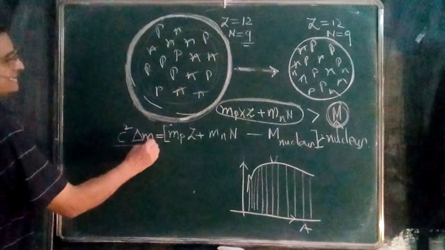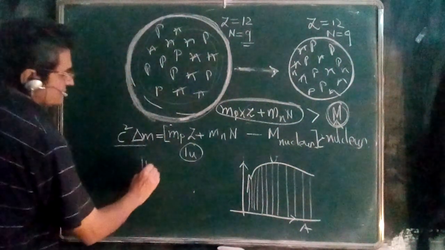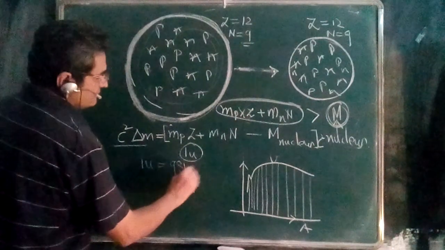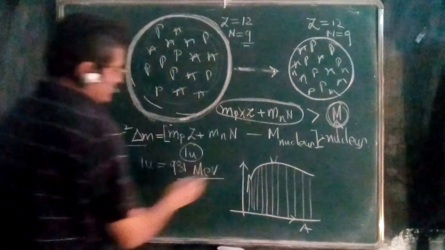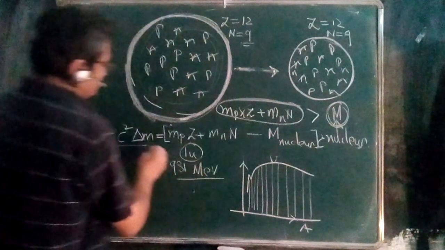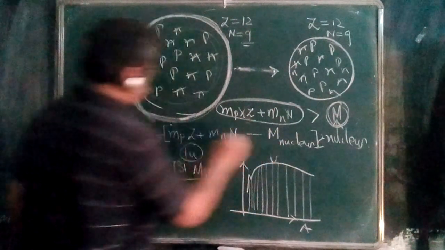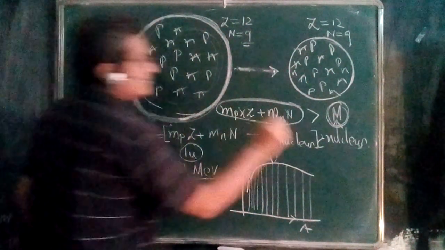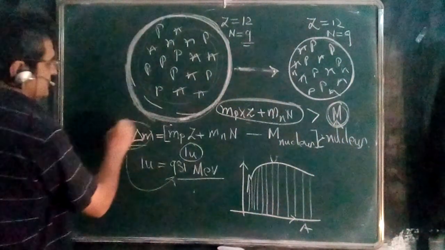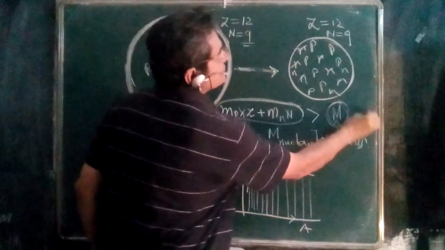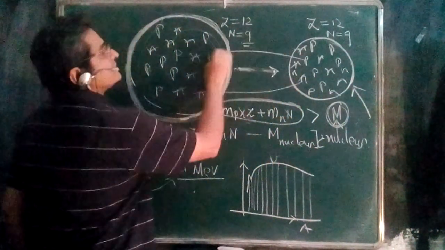If I write the masses in terms of atomic mass unit, one atomic mass unit is 931 MeV. I have shown this in a different lecture. So if masses are in atomic mass units, I will get the energy in MeV. This energy, because of the mass defect, is the binding energy. It means if I give this much energy, delta m c squared, only then I can separate the neutrons and protons.